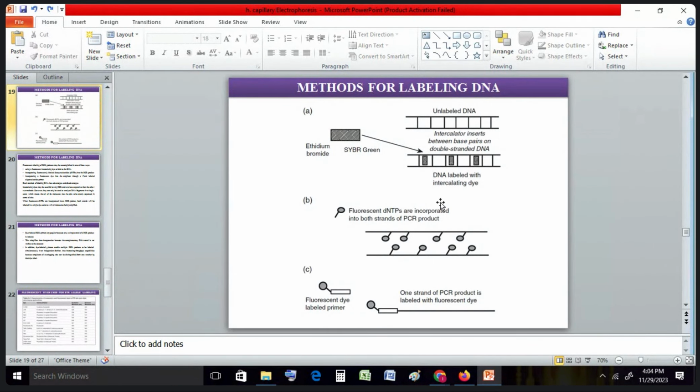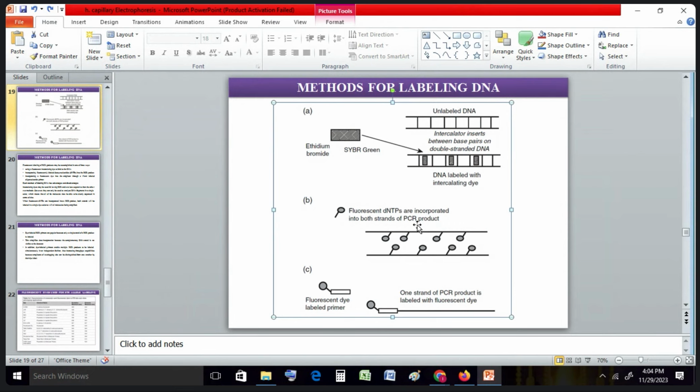Next one is fluorescent dNTP. You can use fluorescently labeled dNTP. For example, among the dNTPs A, T, G, C, only a single nucleotide, take it as T, thymine, could be labeled with your fluorescent dye.